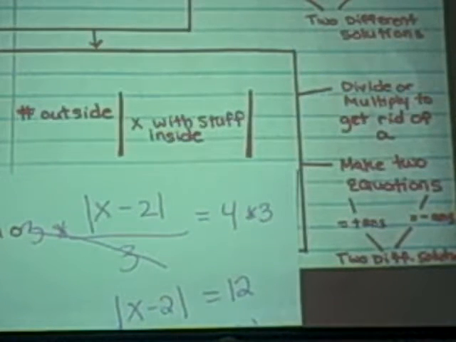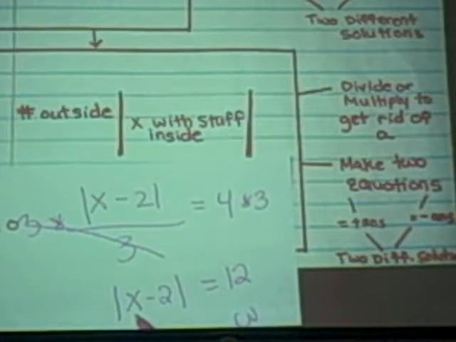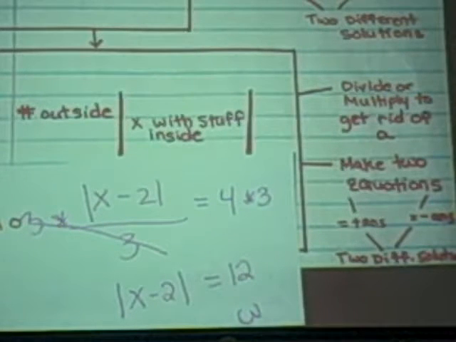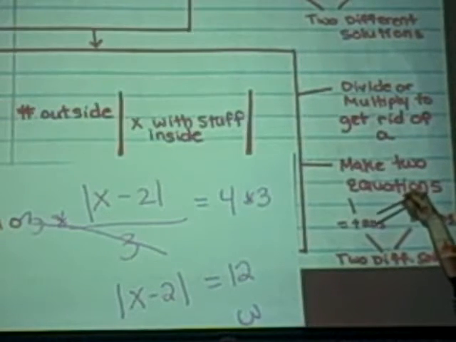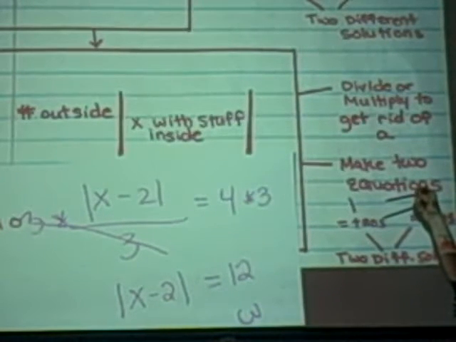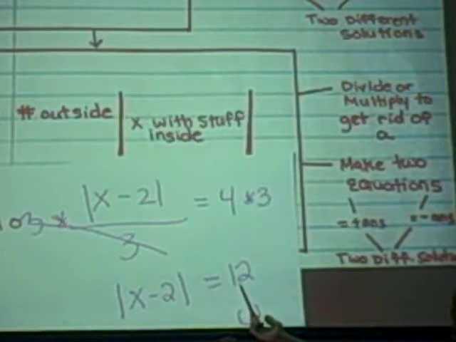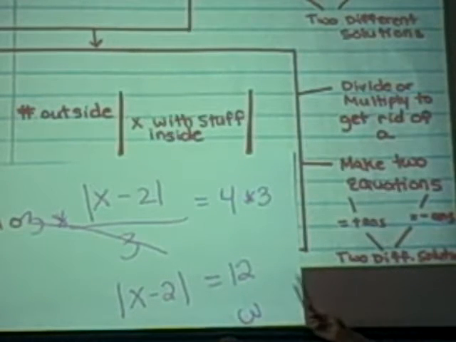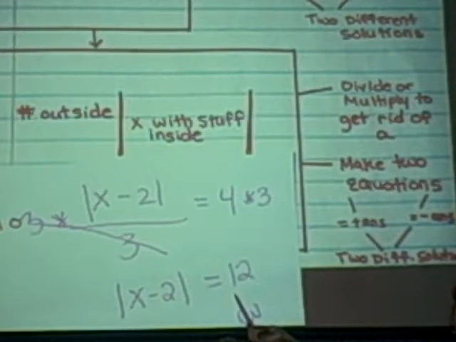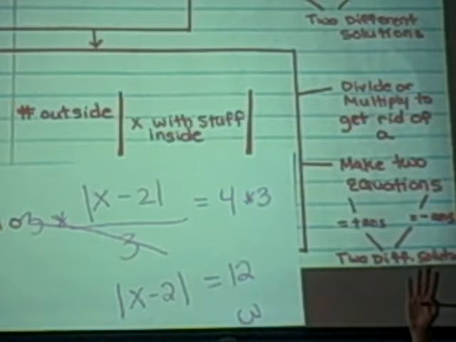So in essence, from there, we make 2 equations because everything is now inside the absolute value marks. And remember, when everything is inside the absolute value marks, we split it into 2 equations, just like we did above. Do you see how this is exactly the same, but just one more step? You have to get rid of the number outside first. So, we would set 1 equal to a positive 12. We'd set 1 equal to a negative 12. We would solve them separately and have 2 very different answers.